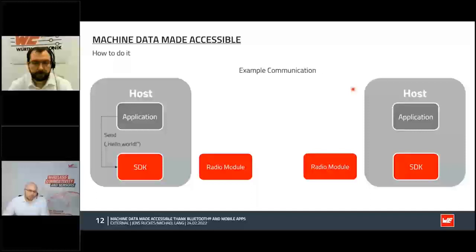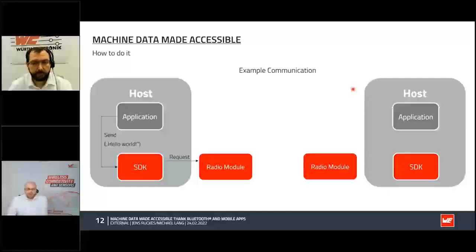For example, if we want to send a hello world, the application processor starts this sending process, and then a request is started to the radio module, and to translate this, there is an SDK available to easily integrate it and bring it into your device without being an RF specialist. You can use it like many other communication parts.